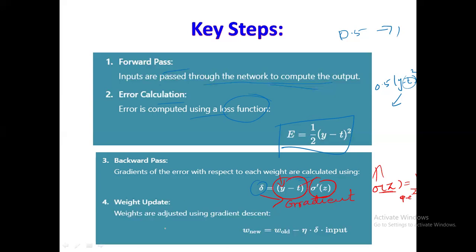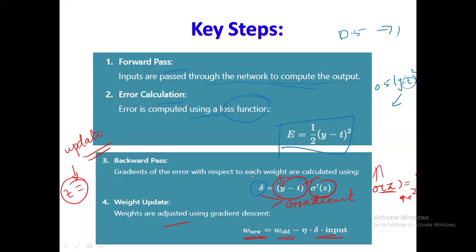And the weight update: if you are not getting the targeted output, naturally in the neural network we have to update the weights. Updating the weight means we have to find the change in weight. The updated weight, w new, is equal to old weight minus eta into delta into input.